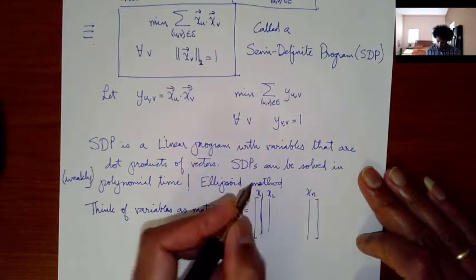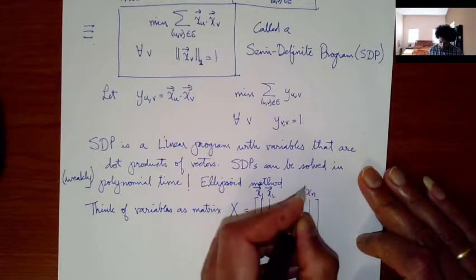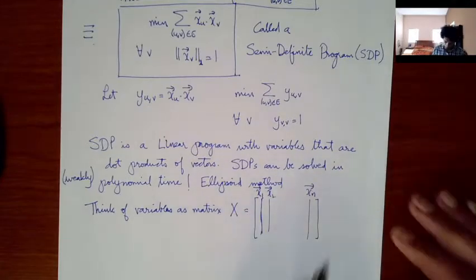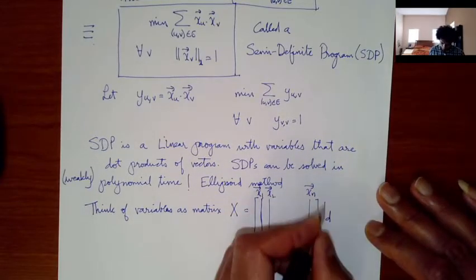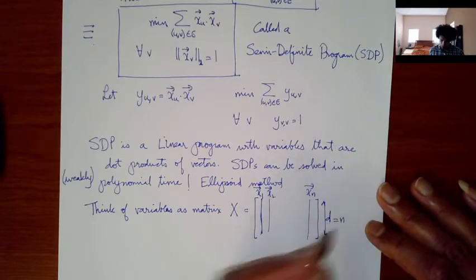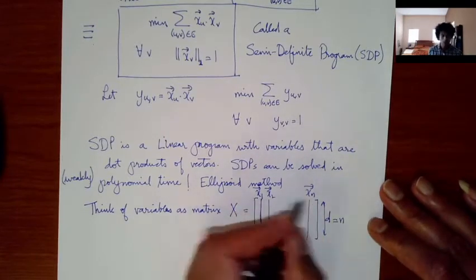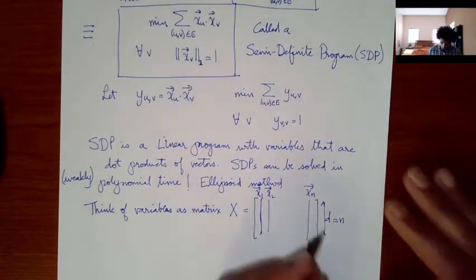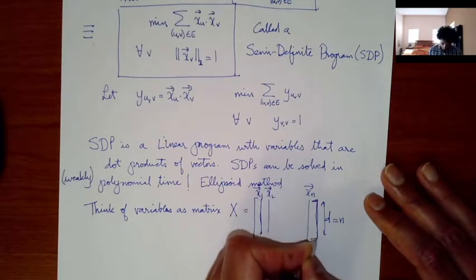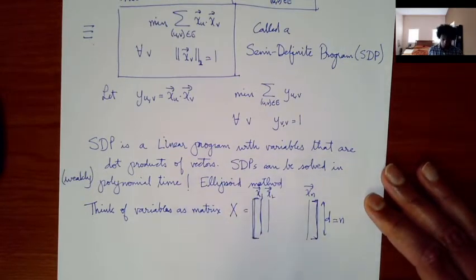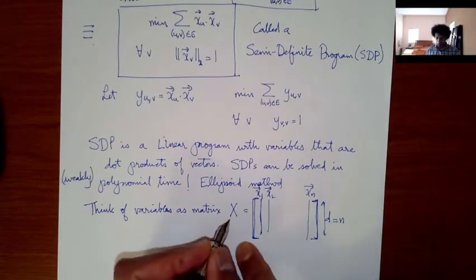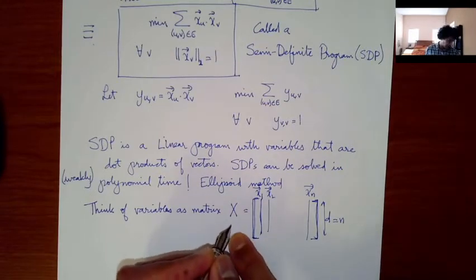I'm putting these vectors as column vectors of a matrix. We can think of the dimension d as just n, because we only care about dot products, so we can think of all of this being in n-dimensional space. So these are our variables. This is what we are trying to find.